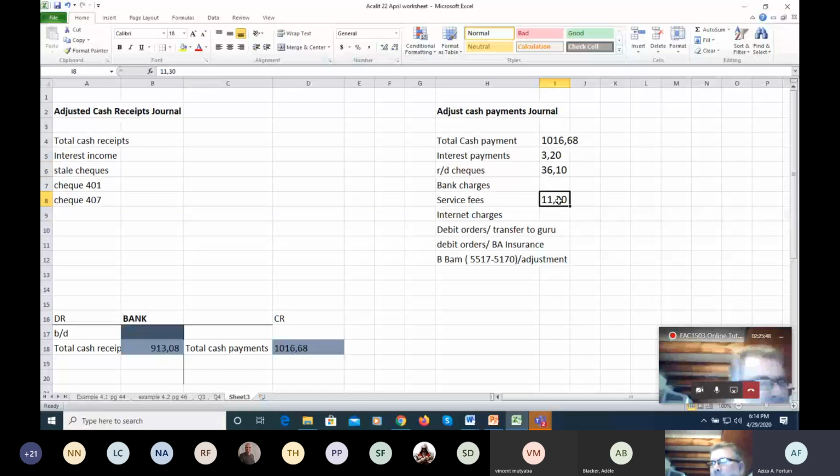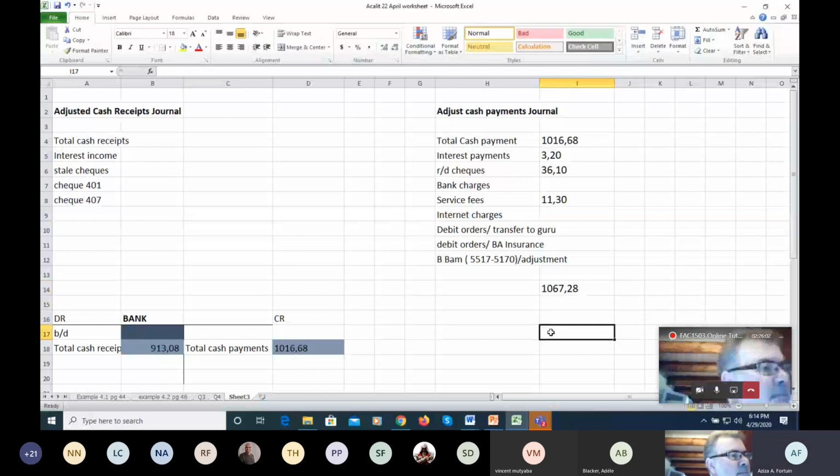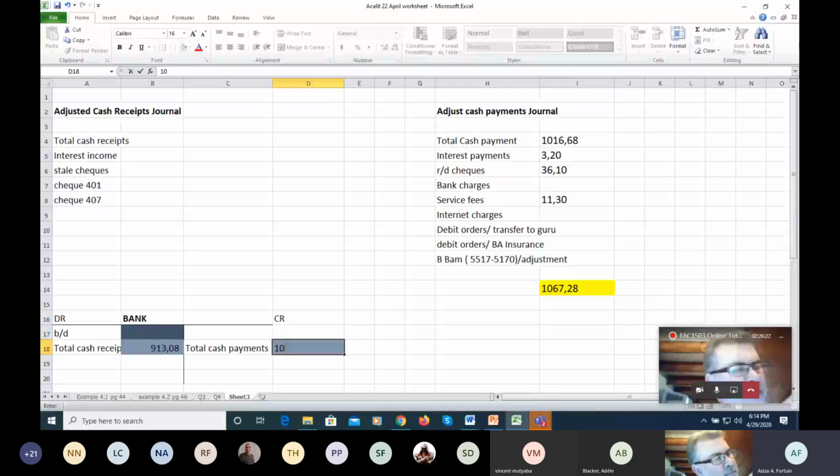So if I tally that up, I've got my 1067 in, and under my cash receipts journal there's only the 913. So when I do my bank account, I'll have my 913 and this amount here, 1067.28.